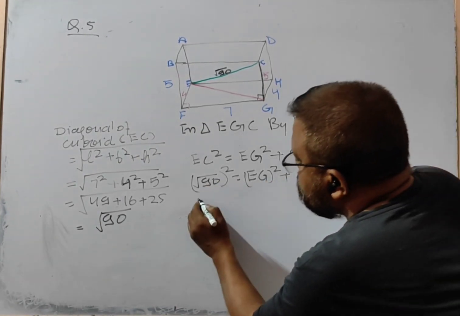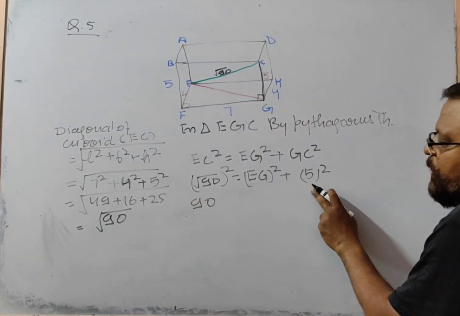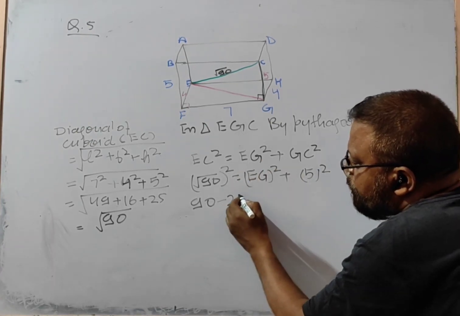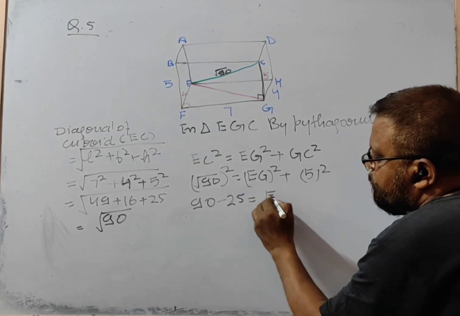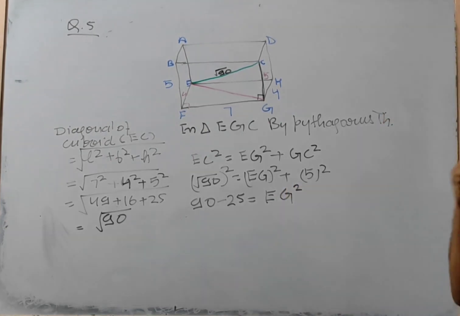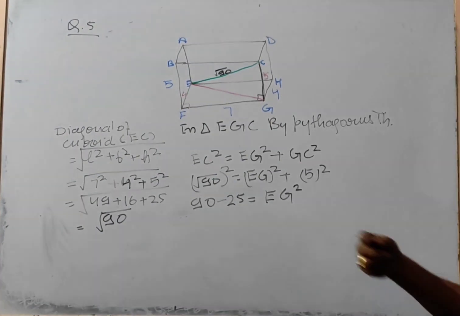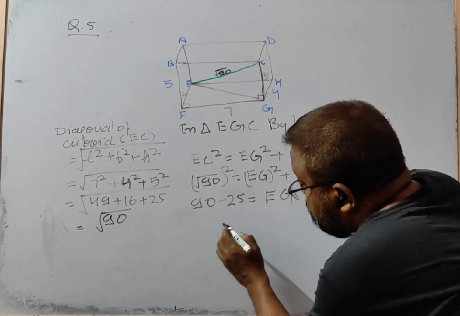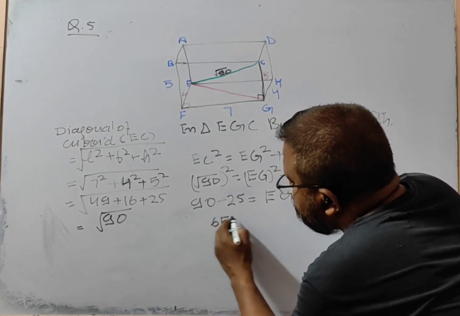So it becomes 90, and 5 square is 25. That goes on the other side and becomes minus. So EG square is 90 minus 25, which is 65.